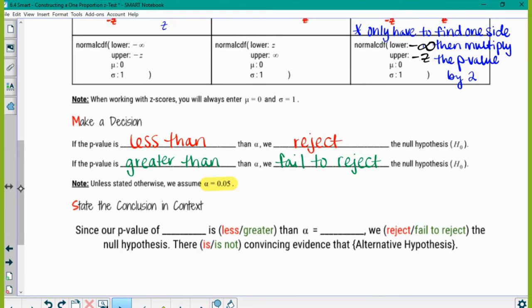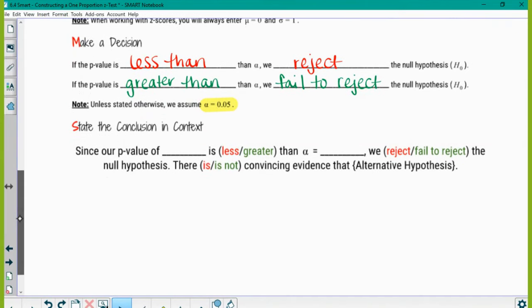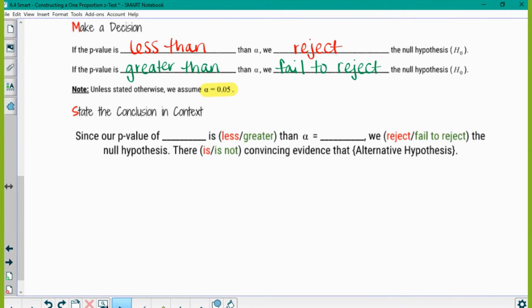Now, easiest way and most comical way to remember what you should do when you are making a decision is, if the p-value is low, you reject the H-naught, as you should in all things in life. So that is the one thing that students will remember from statistics for the rest of their lives.